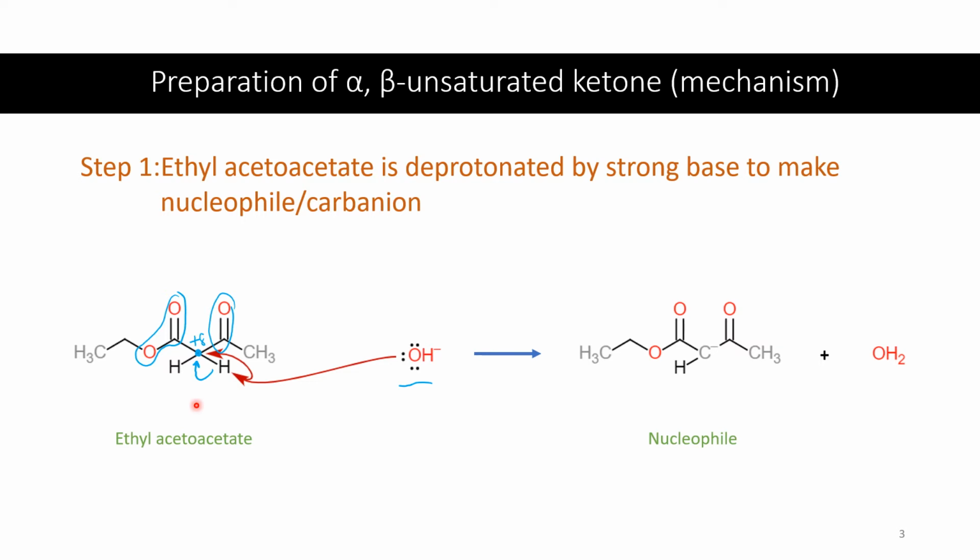By this deprotonation, we now have a nucleophile from ethyl acetoacetate, and this nucleophile will undertake a nucleophilic addition to trans-chalcone, which is an alpha-beta unsaturated ketone, in order to proceed in this reaction.